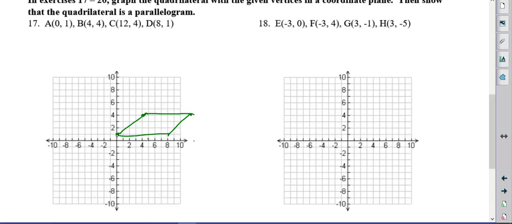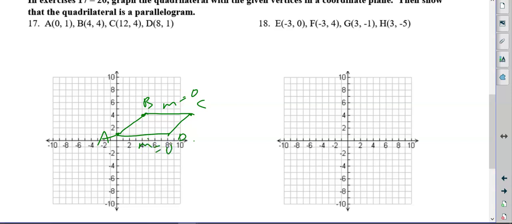Okay. Well, the easiest way is, if we can prove opposite sides are equal and parallel, well, the nice thing is, since BC and AD are both horizontal lines, they both have a slope of 0. We know those two are parallel.